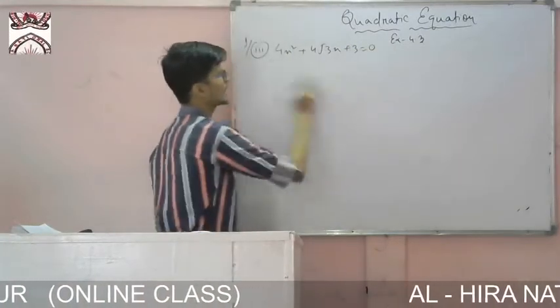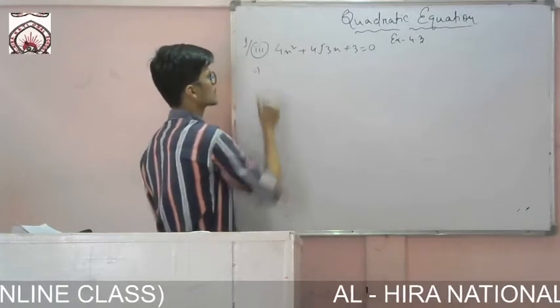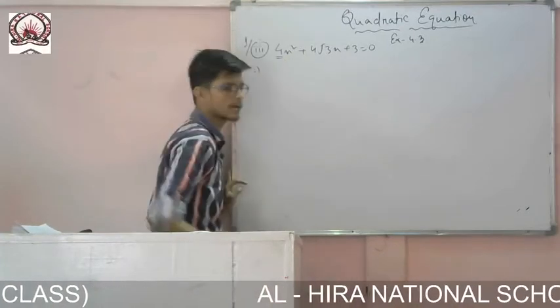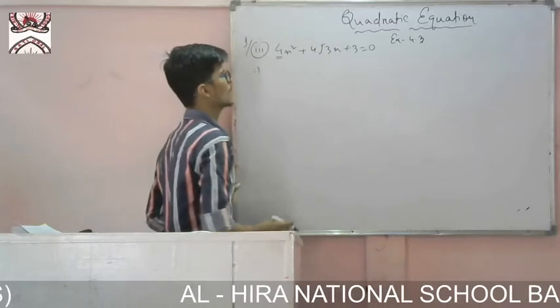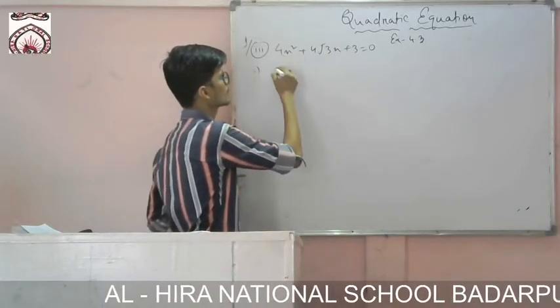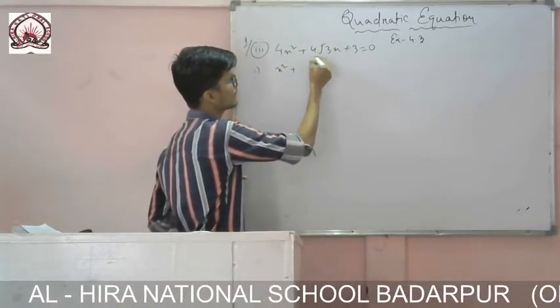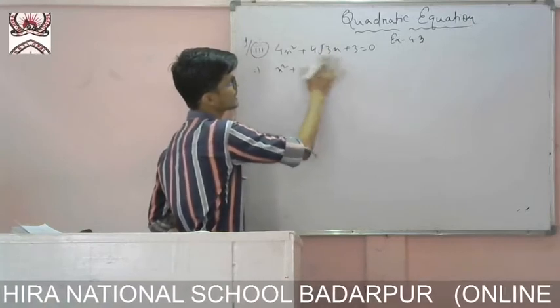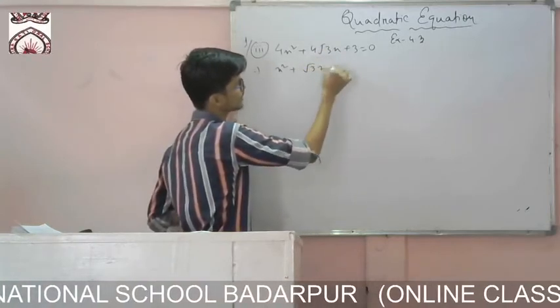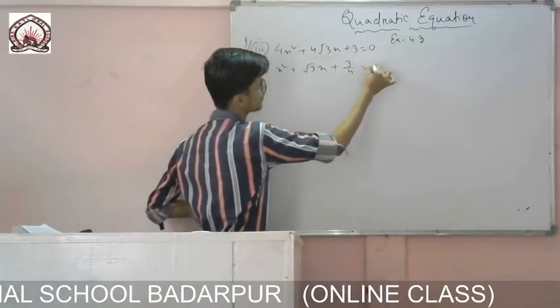So now I am not writing the lines, you write it. First of all I will divide it by the coefficient of x squared, that is 4. So dividing both sides by 4 we get x squared, there again if I divide by 4, then 4 will be cancelled, so the answer will be root 3x, and there it will be 3 by 4 equals to 0.